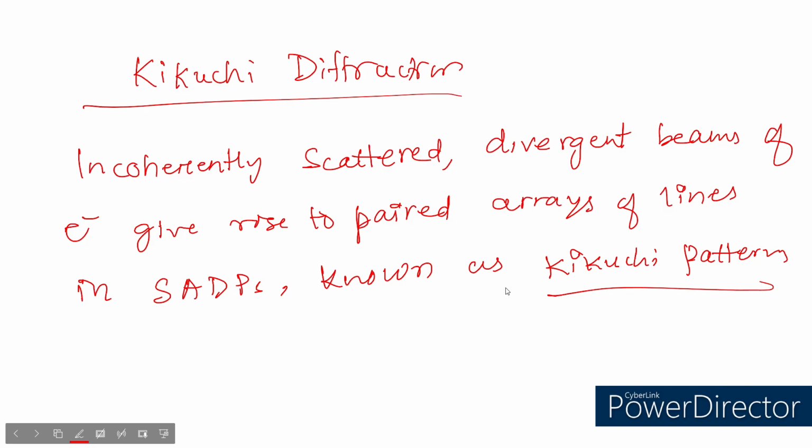So they are sometimes referred to even as scattered electrons. These electrons can then be Bragg diffracted by crystal planes. Then what we get is basically the geometry from which we are getting this Kikuchi pattern.